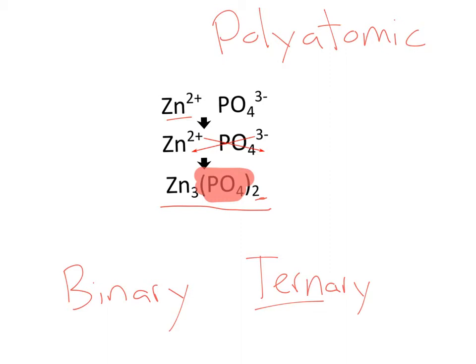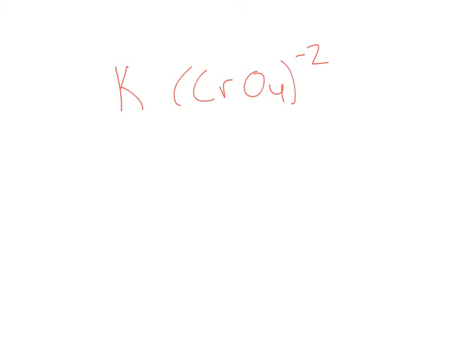So let's practice a couple of these. Here we have potassium, which has a +1 charge because it's in group 1. And we have chromate, which has a -2 charge. So we're going to do the same thing we've done every single time so far. We are going to get rid of the signs, and we're going to swap and drop.